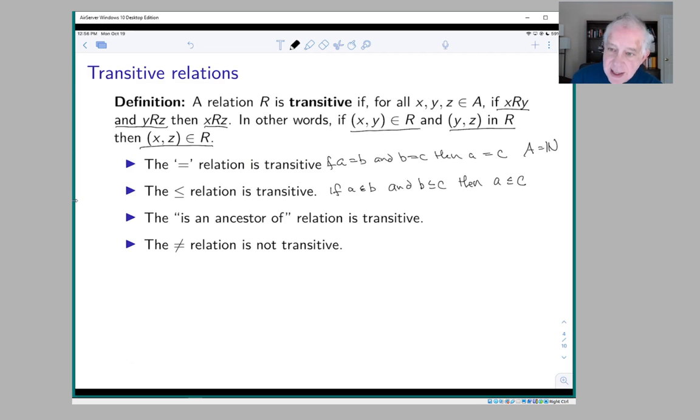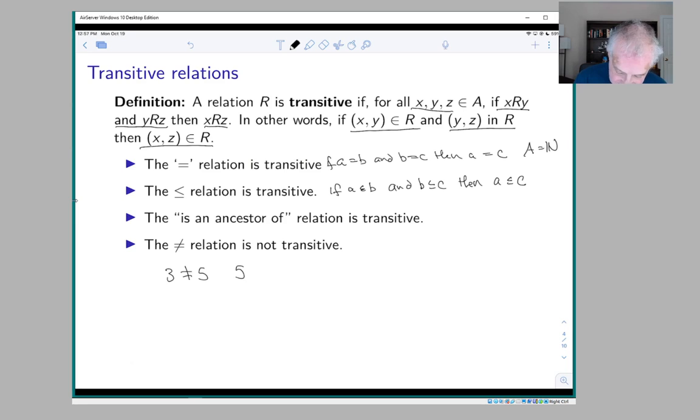And finally, the not equals relation is not transitive. And why is that? Well, to show that it's not transitive, we just have to find an example of a triple where (x, y) is in the relation and (y, z) is in the relation, but (x, z) is not in the relation. Because we have to negate this for all quantifier. So how about this? 3 is not equal to 5, right?